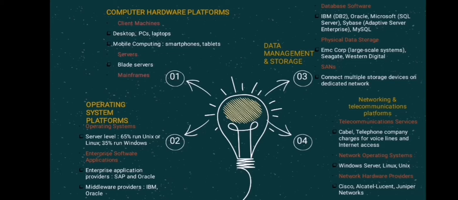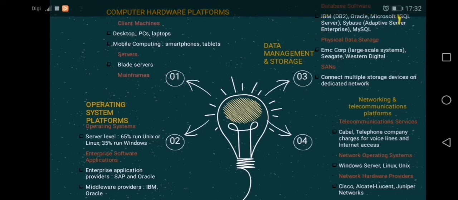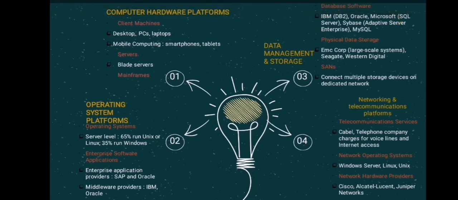So the example of database software is IBM, Oracle, Microsoft SQL Server, Sybase, and MySQL. And then for physical data storage, they have EMC Corp, which is large scale systems, Seagate, Western Digital. And the last one is SANs, which connect multiple storage devices on a dedicated network.